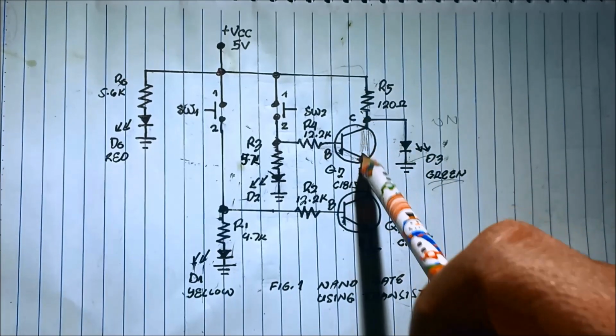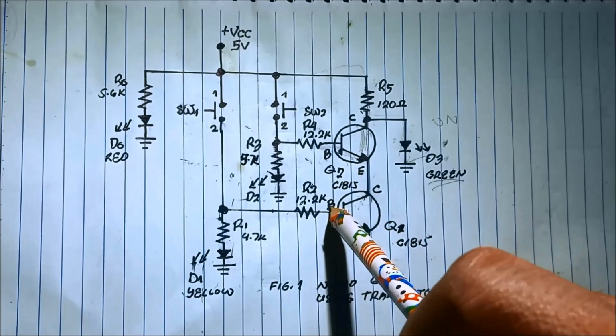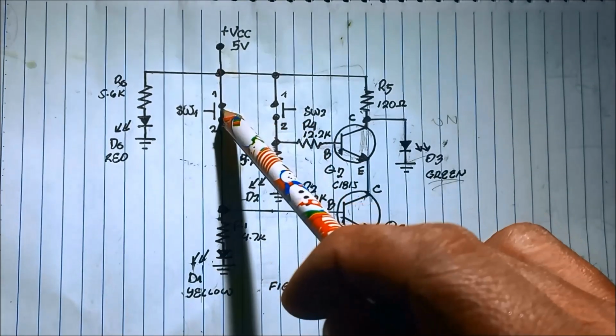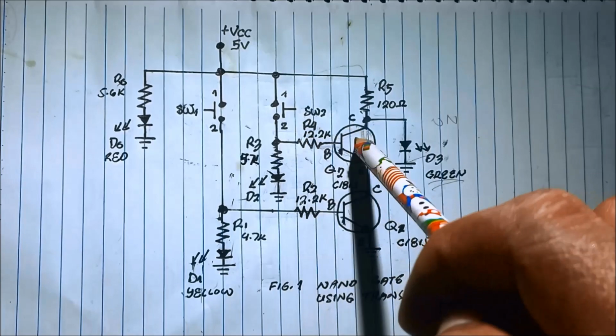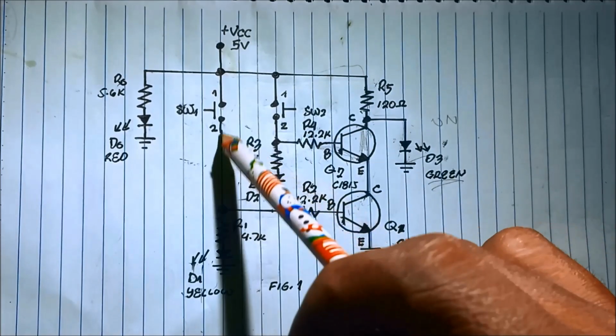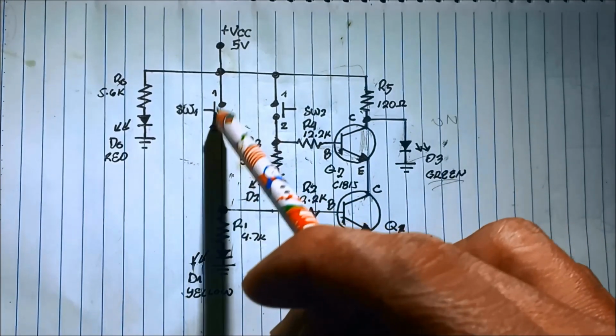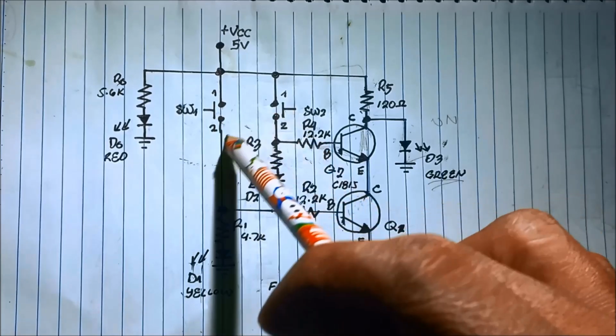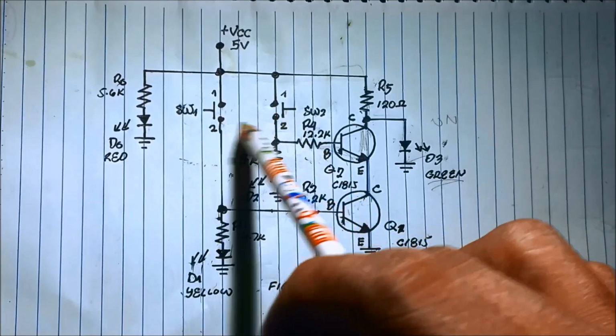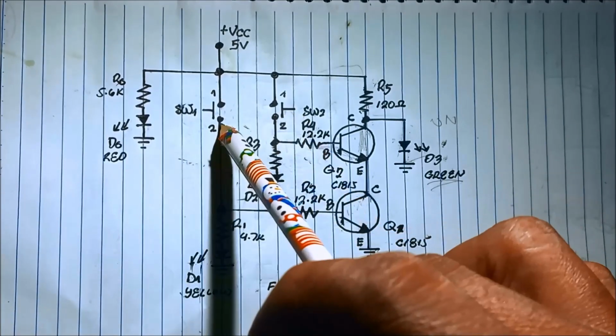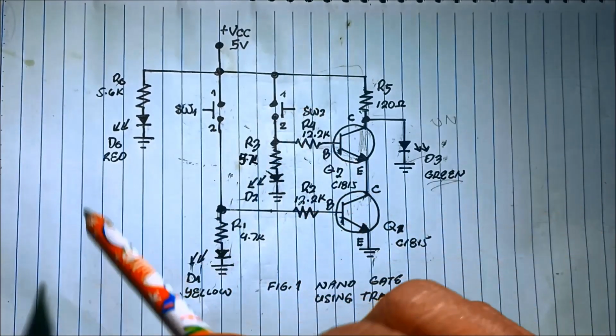And these two transistors are open because current will not flow into the transistor because of the switch. Two switches are open. This is a normally open push button switch.